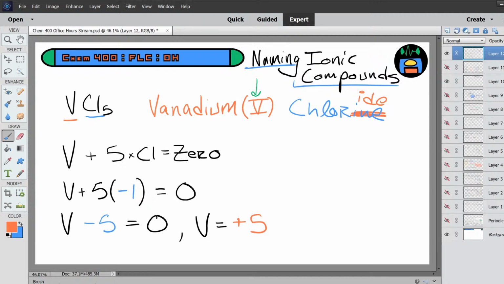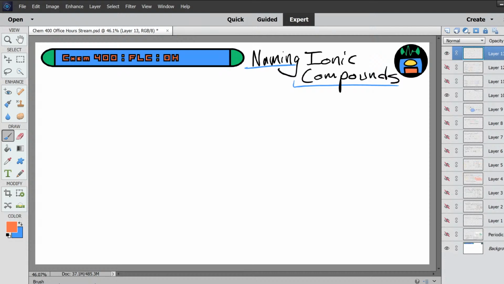All right, let's do another example with another transition metal. How about, well, let's see. How about this? Let's name this guy.